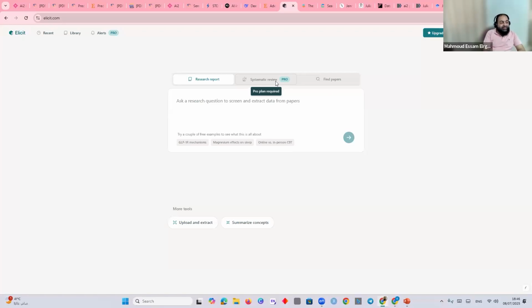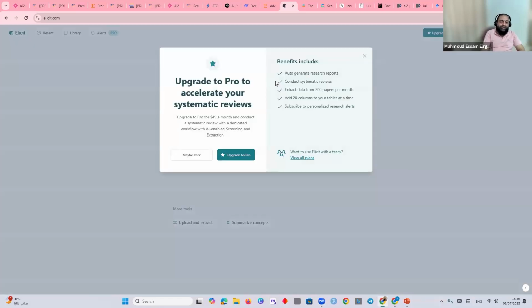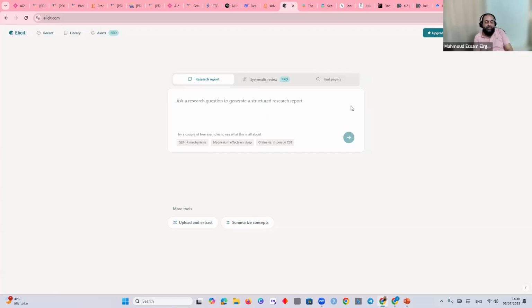Now you can extract the data using Elicit. Unfortunately it needs the Pro version. If you are doing systematic reviews a lot, or if you are a group, try to use Elicit. It's cheaper than Covidence, the one that Cochrane used, and it will consume less time than using Excel.